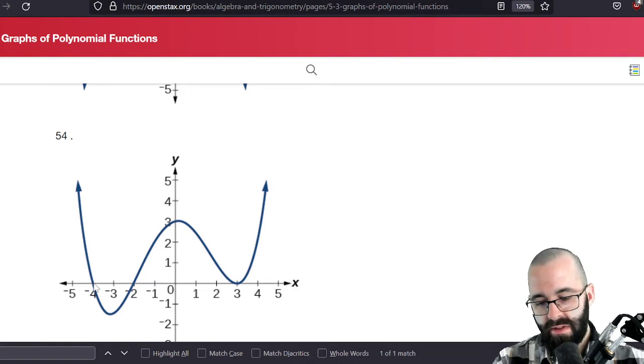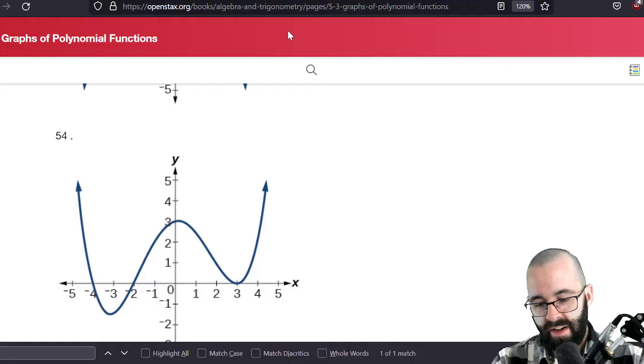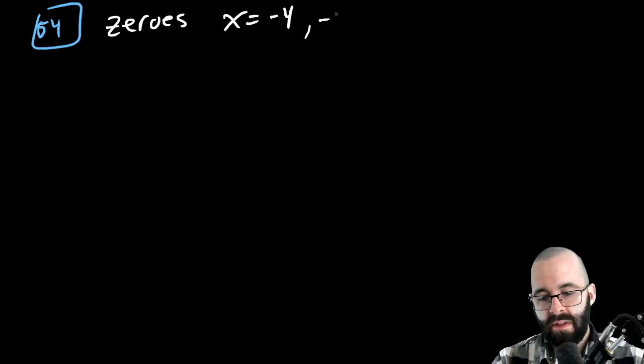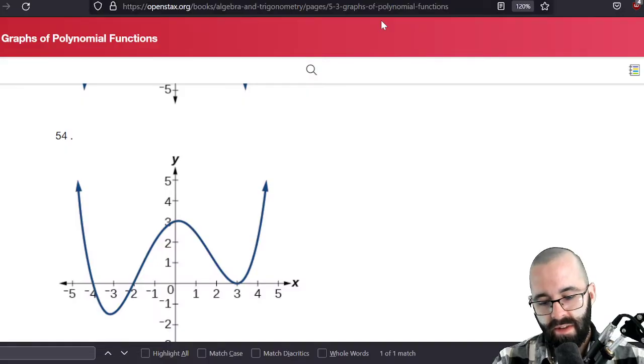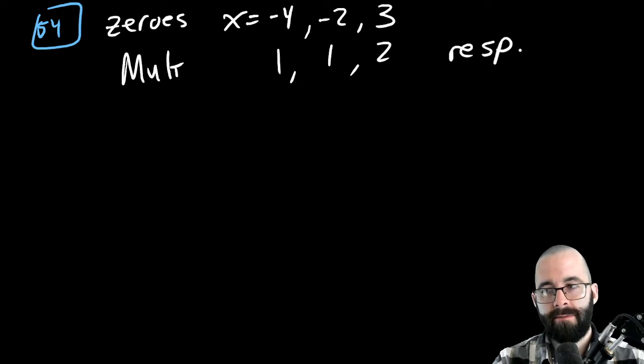Well, the zeros are the x-intercepts. The x-intercepts are at -4, -2, and +3. Multiplicities are 1, 1, and about 2, respectively.